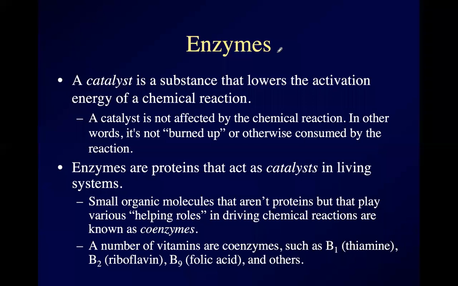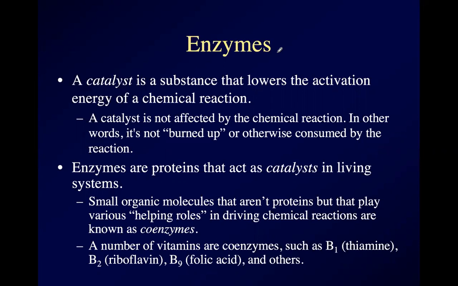Enzymes act as catalysts in living systems. You don't need platinum in your cells, but you do need enzymes. And enzymes are proteins. And to work right, enzymes have to have the right shape. And a little aside here, there's a number of small organic molecules that aren't proteins, but play various roles in helping to make chemical reactions happen in your cells.